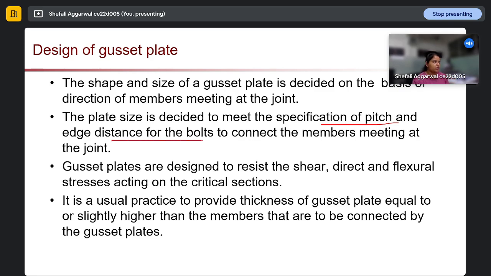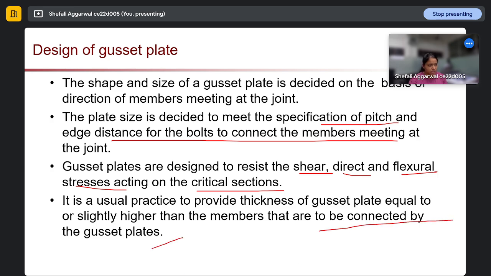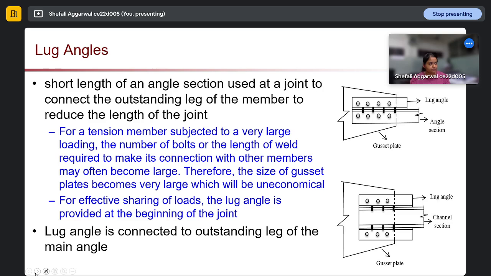Third, gusset plates are designed to resist shear, direct and flexure stresses acting at the critical sections. Last, it is usual practice to provide a thickness of gusset plate equal to or higher than the members to be connected to it. So its thickness is almost equal to the member plate we are joining. That was the design specification of our gusset plates.